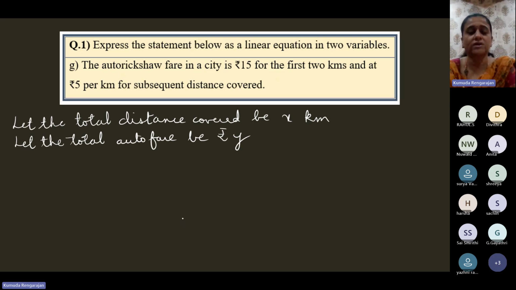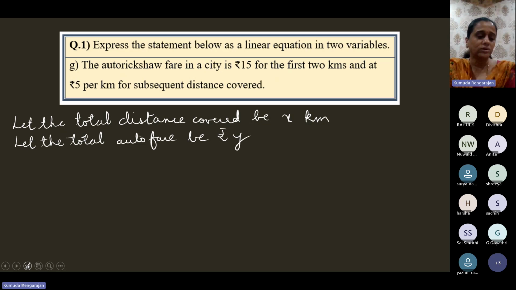The total fare you settled with the automan is not given. You're given 5 rupees per kilometer, but how many kilometers did you travel? We don't know. So these are the two things you have to assume in order to construct the equation.